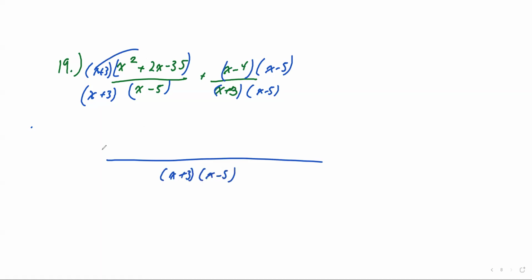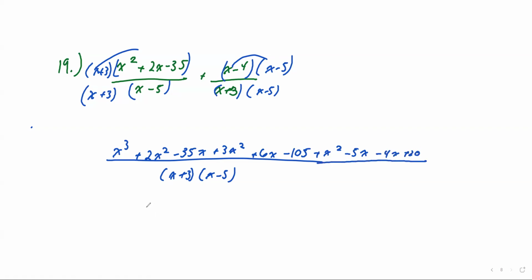So I distribute. So I get x cubed plus 2x squared minus 35x plus 3x squared plus 6x minus 105. And then again, distribute this. So this would be plus x squared minus 5x minus 4x plus 20. Combine like terms.